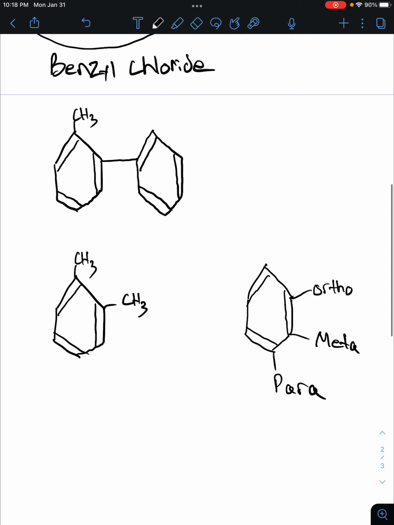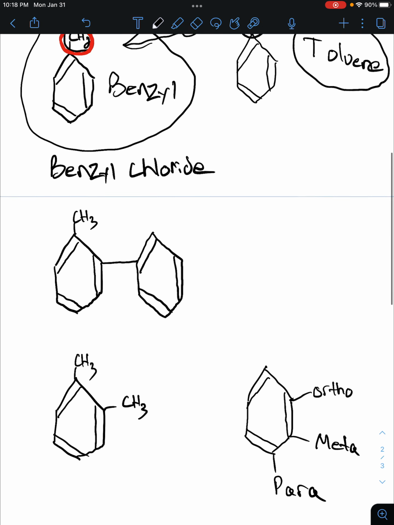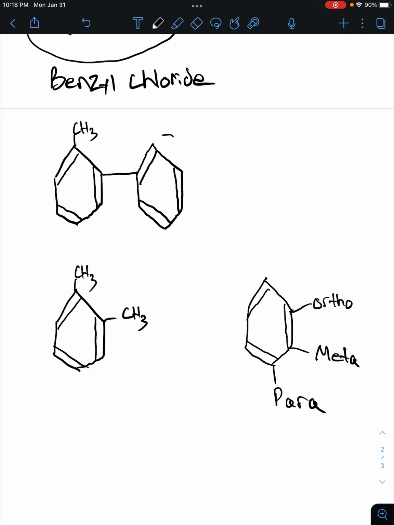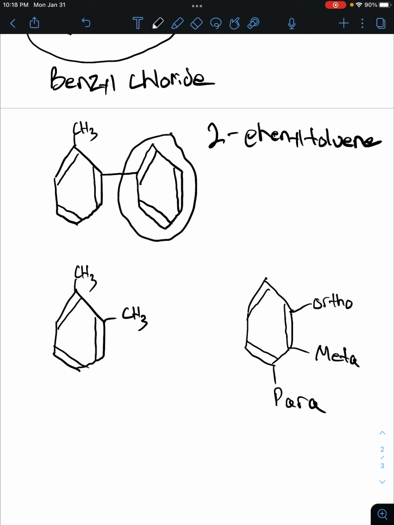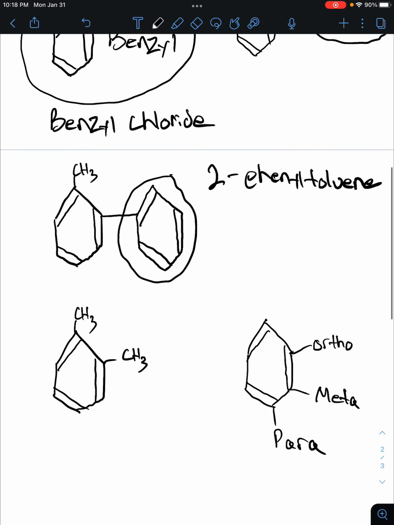But actually, as we just saw here, this is a toluene. So we would name this whole thing here as a substituent to toluene. So you wouldn't be wrong if you called this 2-phenyl toluene.